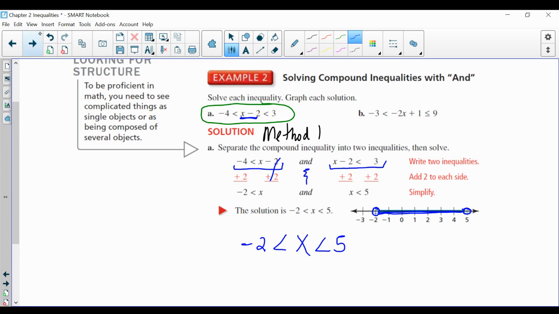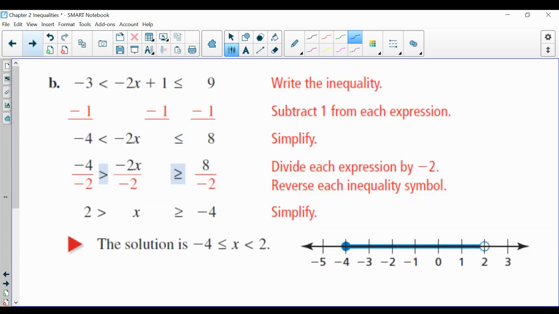Okay, let's look at method number two. So this here is method number two that we're going to use. In this method, I'm not breaking the inequalities apart and writing two separate inequalities.